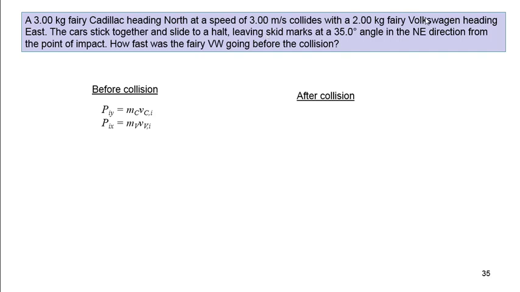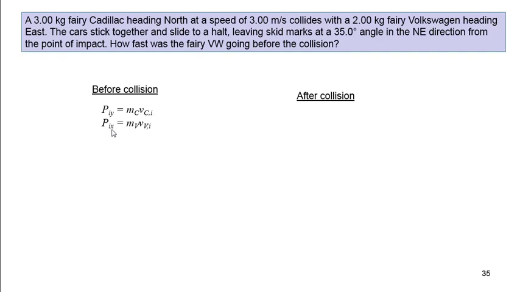The VW, the Volkswagen, is going east. So my total momentum of the whole system would be the momentum of the Cadillac in the y direction plus the momentum of the Volkswagen in the y direction, but the momentum of the Volkswagen in the y direction is 0. So my initial momentum in the y direction is just the Cadillac's momentum. And so VCI here is going to be that 3 meters per second, and it's north.